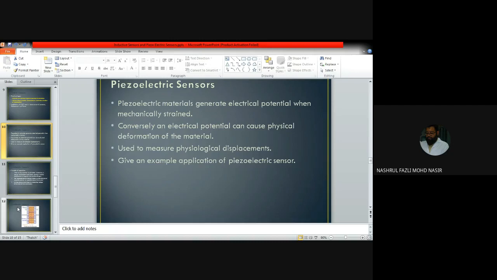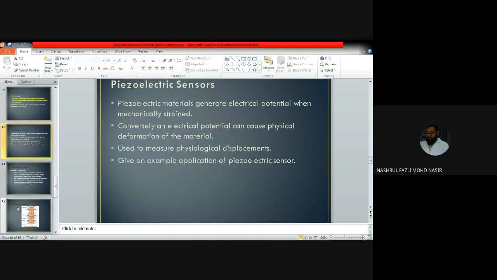One thing about piezoelectric material is that when it is mechanically strained, it will generate electrical potential. This is one of the characteristics of piezoelectric materials. This electrical potential also causes physical deformation of the material.